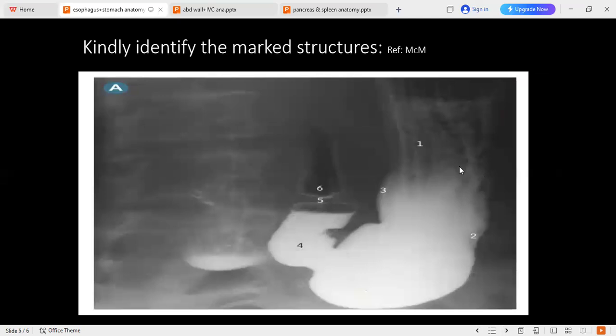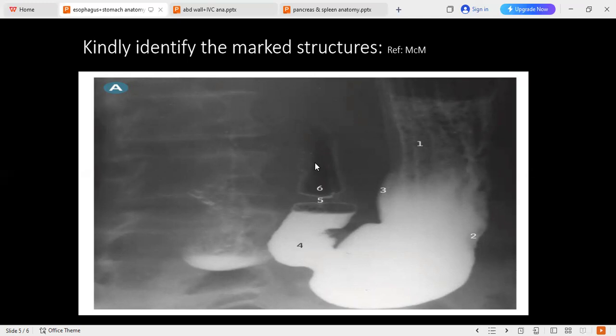Okay, please tell me what are you looking at? This is, I think, barium, not follow through, but yes, barium follow through, I think. So what is 1? What is 3? What is 2? 4, 5, 6? One is esophagus.